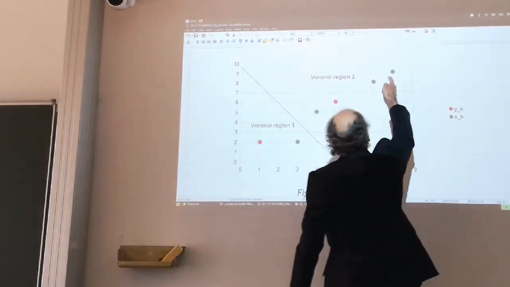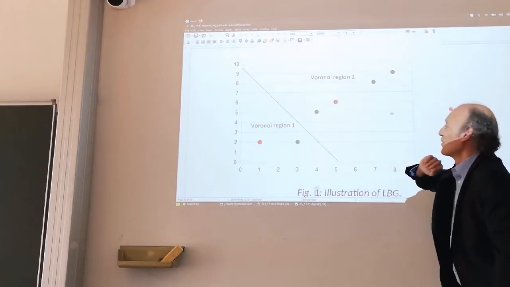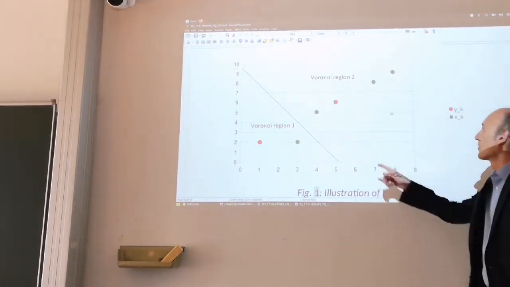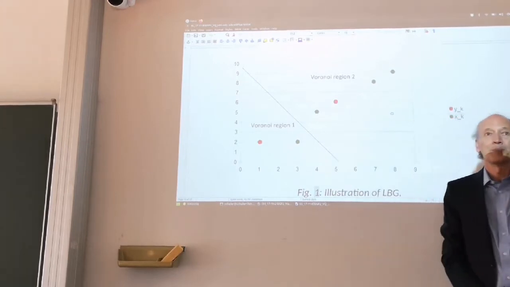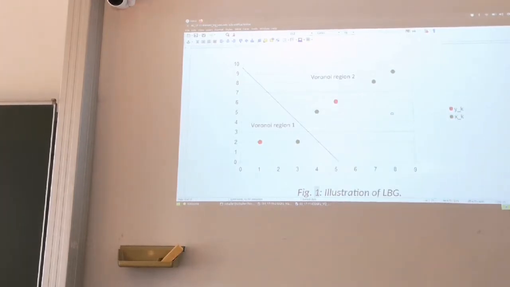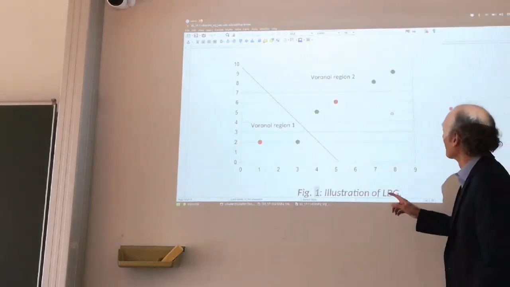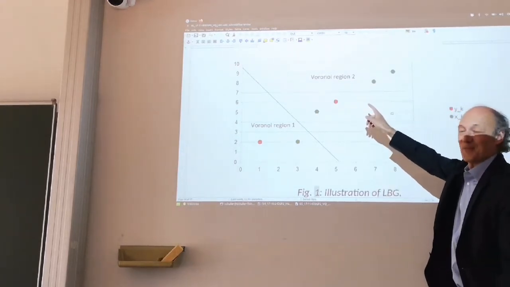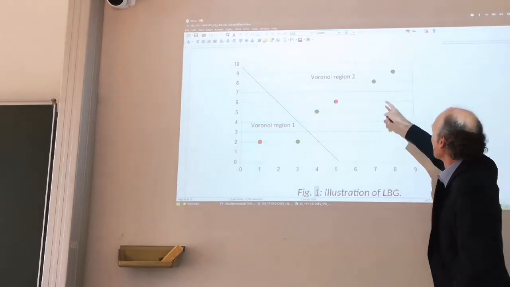So what about those three in this Voronoi region 2? How do we update this code vector? Any idea roughly where it will go? Between 7 and 8?